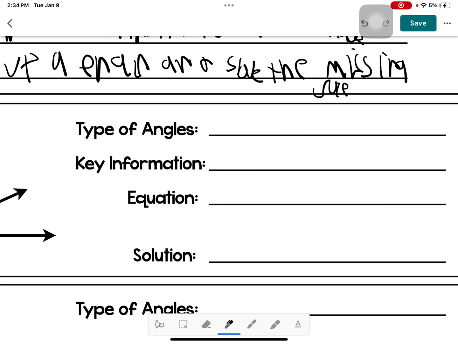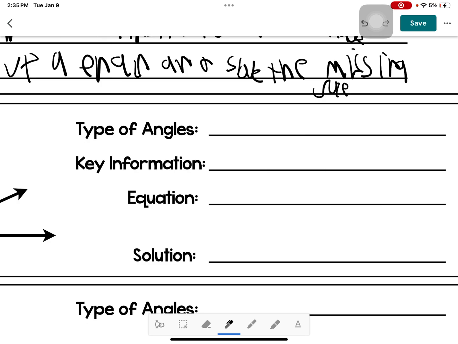Now, what's the key information in this situation? Meaning, what do you know about those angles? 90 degrees. So that means that their sum is 90 degrees. So what is going to be the equation?